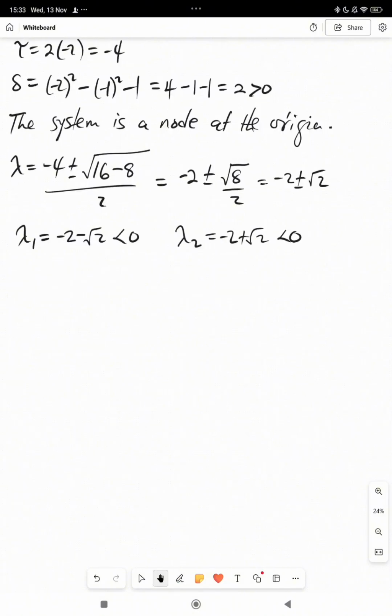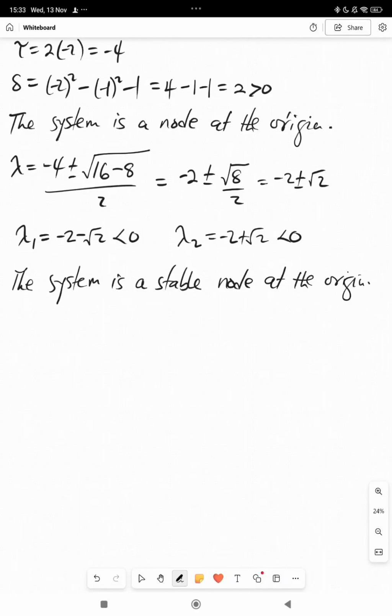So now we can make the complete conclusion that the system is a stable node at the origin. This is our complete conclusion.